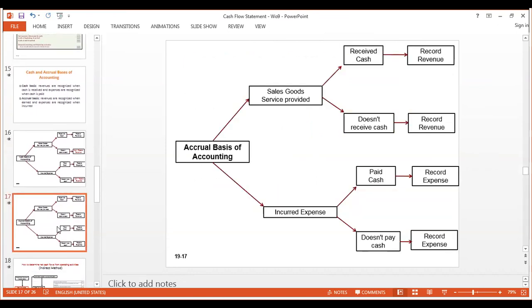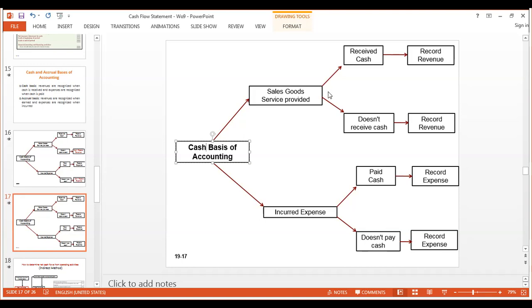So for example, this is accrual basis. How to convert it into cash basis from this diagram? This is accrual basis of accounting, right? And indirect method said that this accrual basis should become cash basis. Now, how can you change the diagram to make it cash basis?